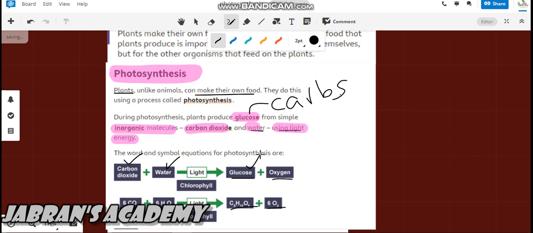Glucose is used by the plants themselves. They prepare their food and store it in the form of carbohydrates in the plants, and when other organisms eat them, this glucose also goes into their bodies. But the oxygen that is released by the plant is used by humans and other organisms.